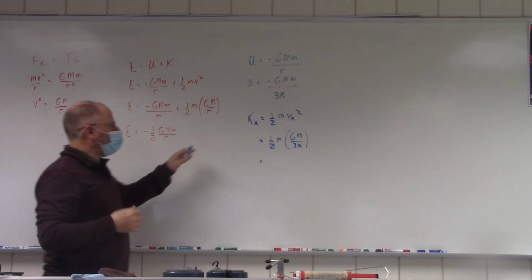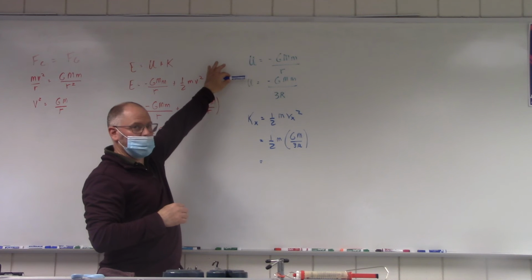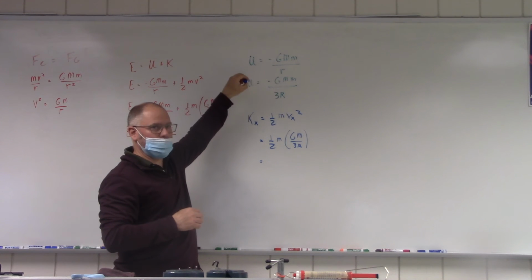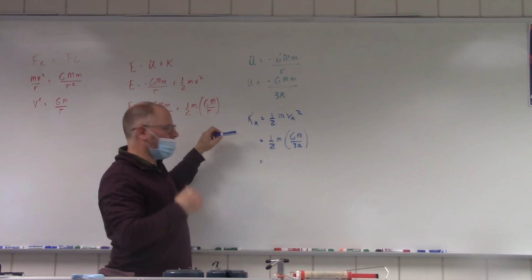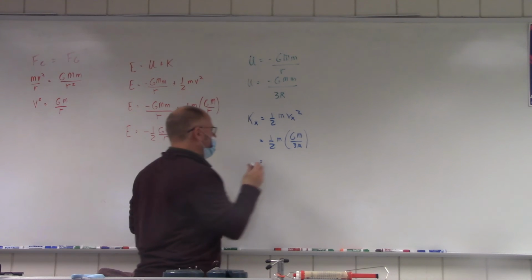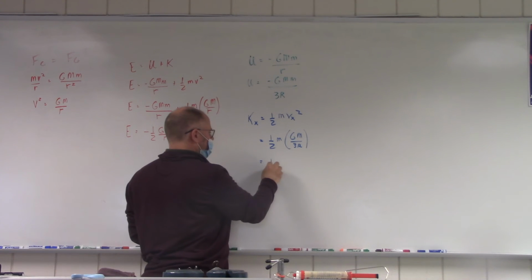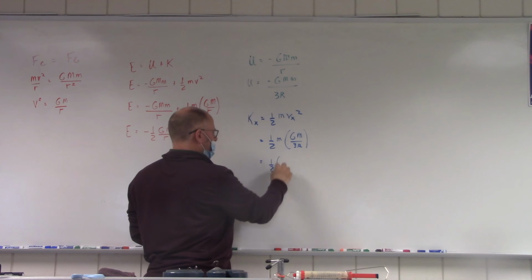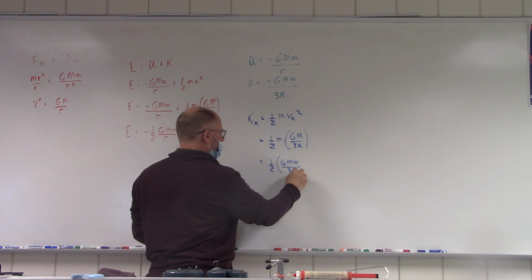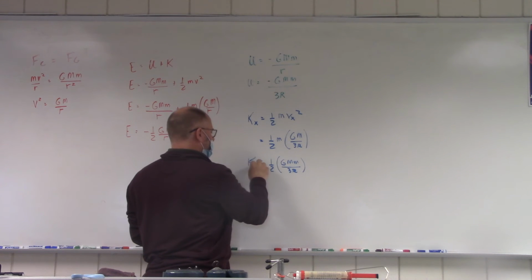So I wrote just the gravitational formula here, negative GMm over 3R. That's for satellite X. When I write the kinetic energy for it, I can see it's equal to 1/2 times GMm all over 3R. This is Kx.